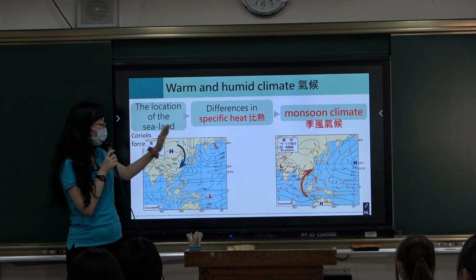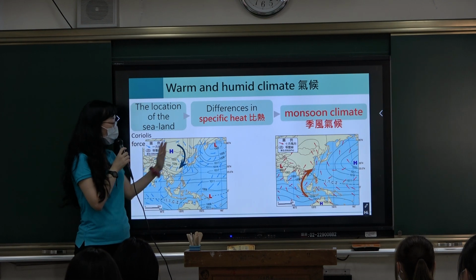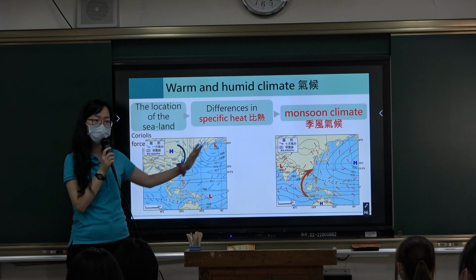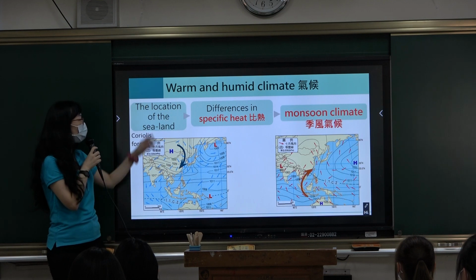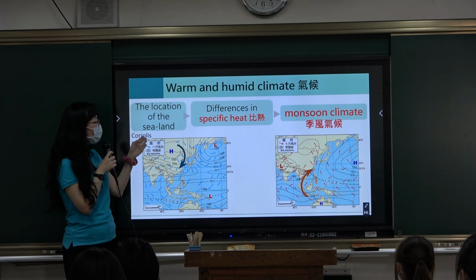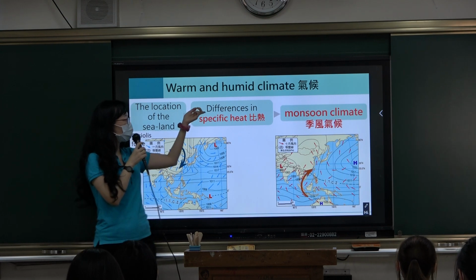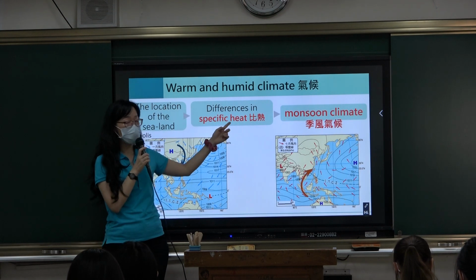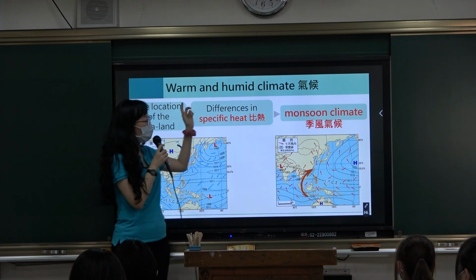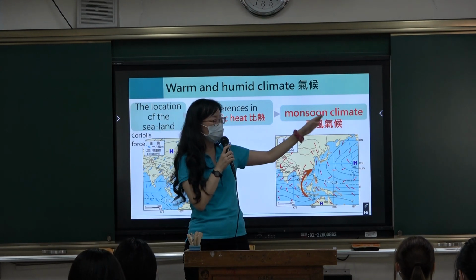Eurasia. Oh yeah, the continent. And the biggest ocean, which is this one? Yeah, Pacific Ocean. So we have the biggest continent and the biggest ocean. So because of the difference in specific heat, and then we form the monsoon climate.